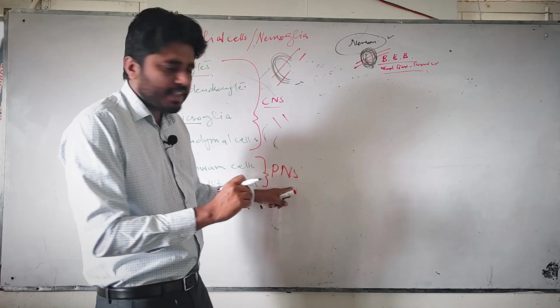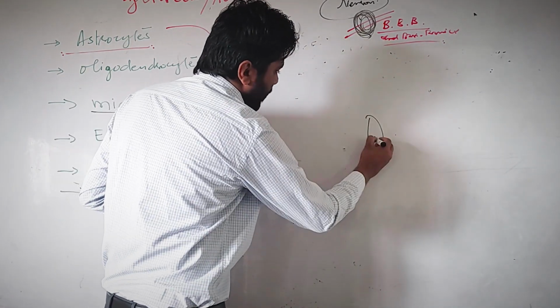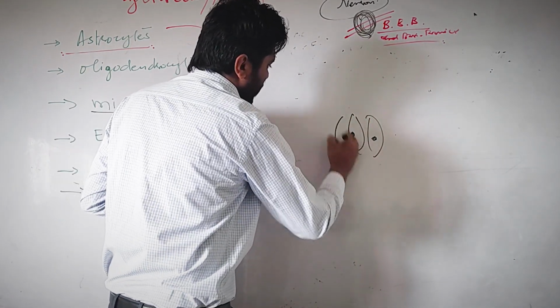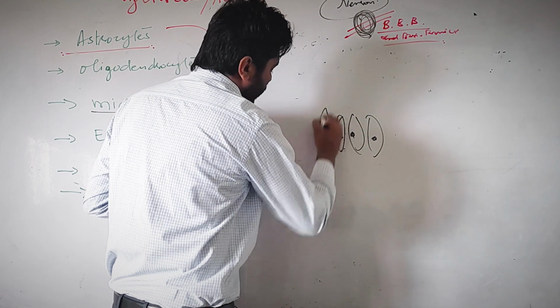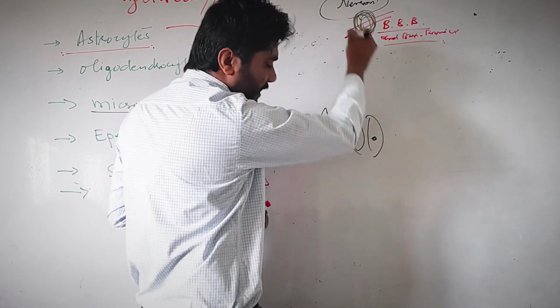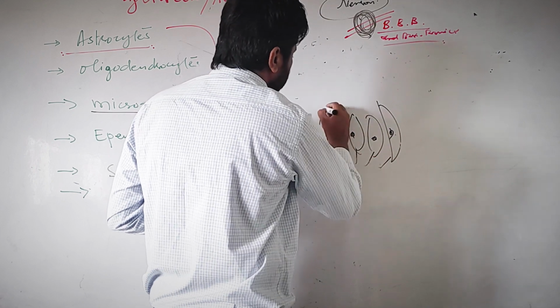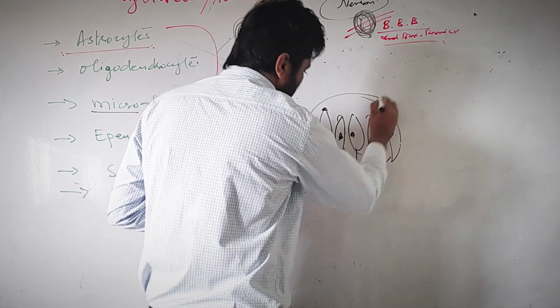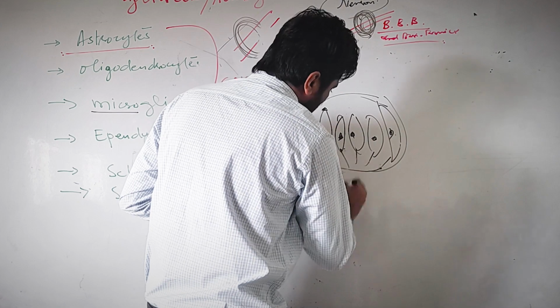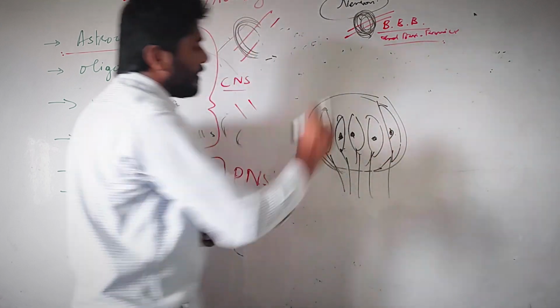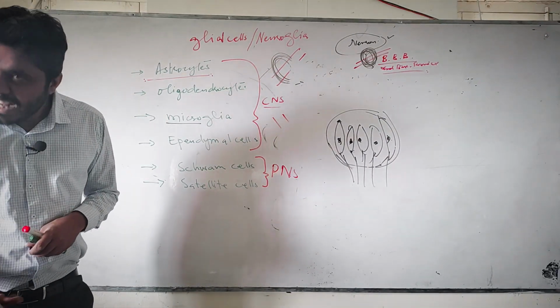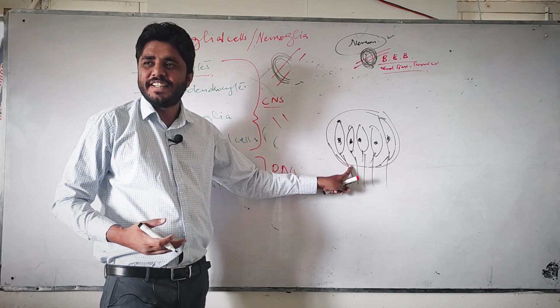So in the PNS, if you find many cell bodies of neurons grouped together, this group is known as a ganglion.